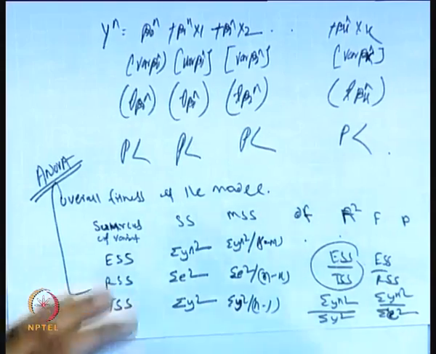Most probably in the case of a multivariate model, R square should not be very low. By default it will be very high, because the number of x variables is substantially high. So as a result, in most multivariate cases you will find R square is substantially high. But the major problem is that you may not get all these parameters statistically significant, but the reverse is always true.